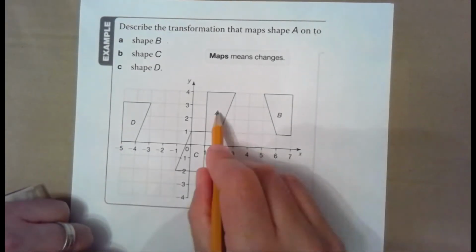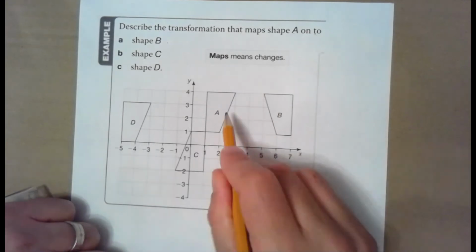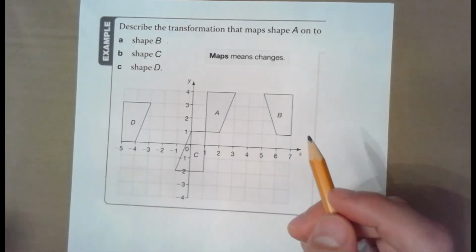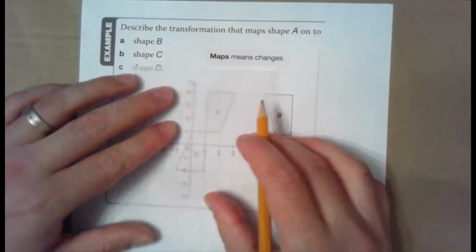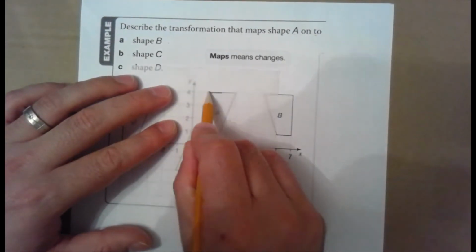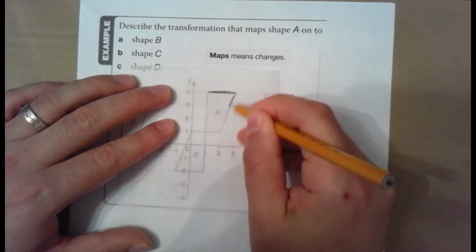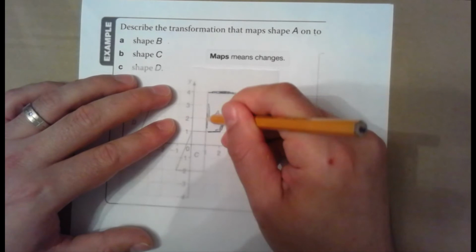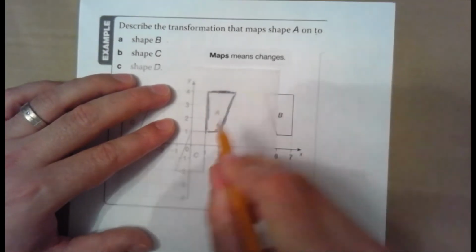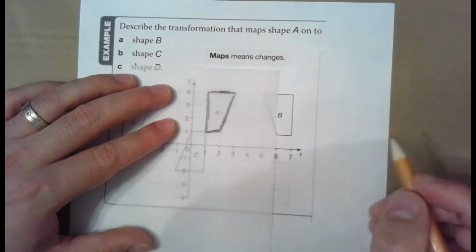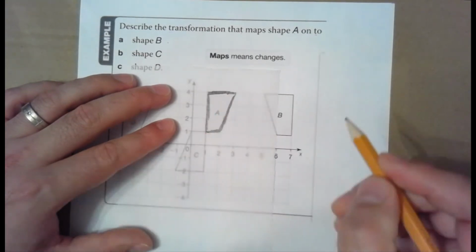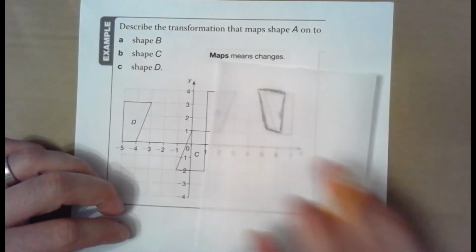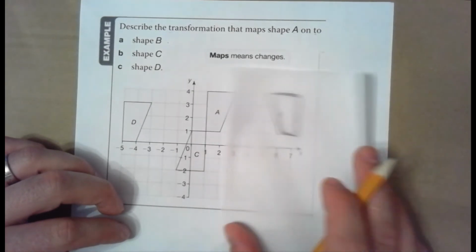Okay, so we just need to find the mirror line for this. Okay, I'm just going to trace that shape. So it's been flipped in one mirror line.